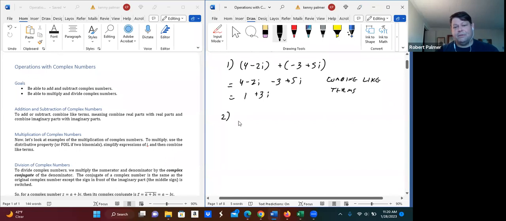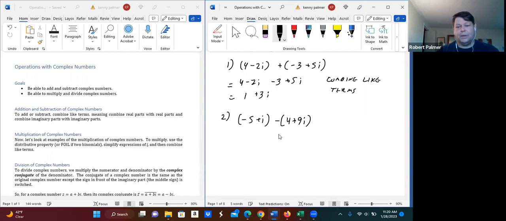So let's say we have this example, negative 5 plus 4i, okay, then minus 4. Oops, put that in the wrong place. So then minus, then in parentheses, 4 plus 9i. Okay. Now here, since we're subtracting, if you notice over here, we're not distributing anything for the first one.